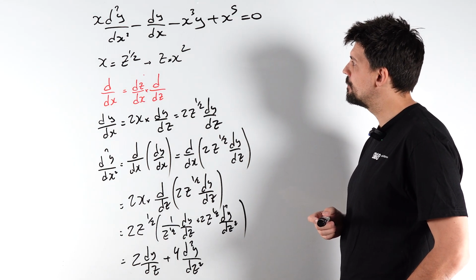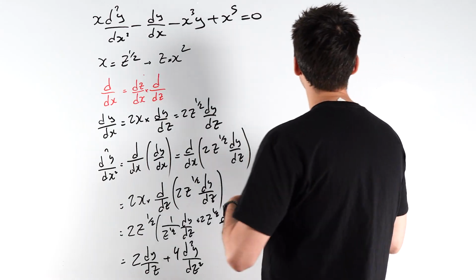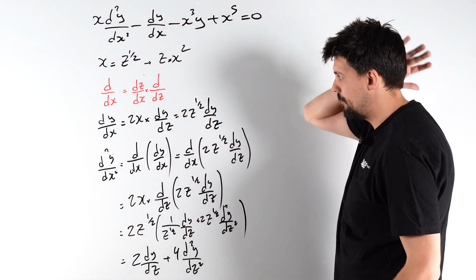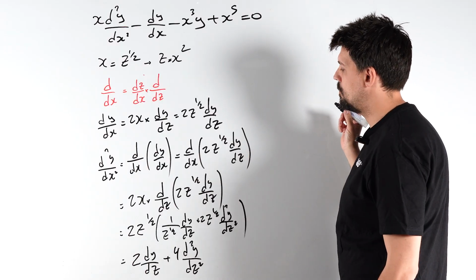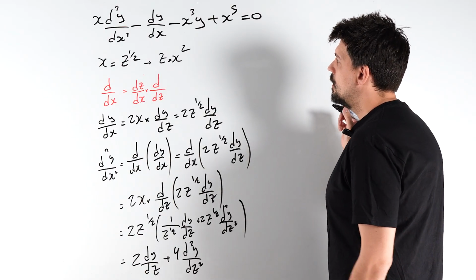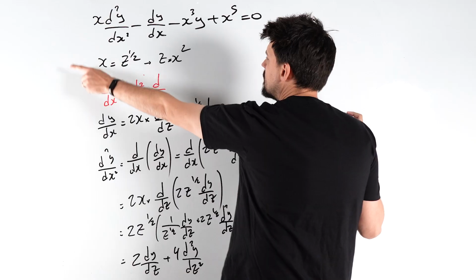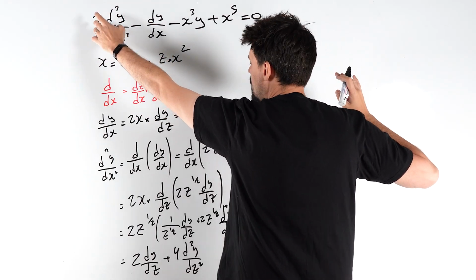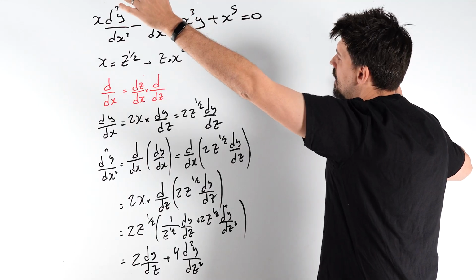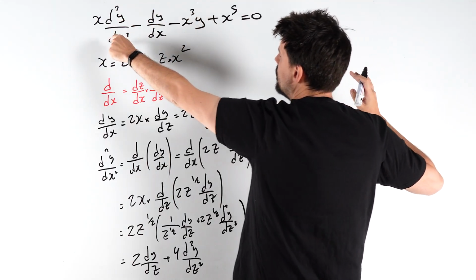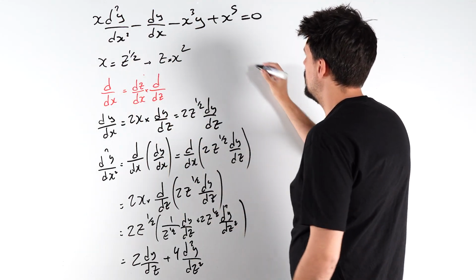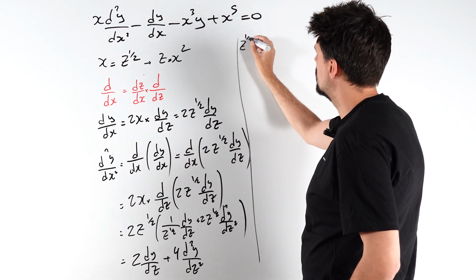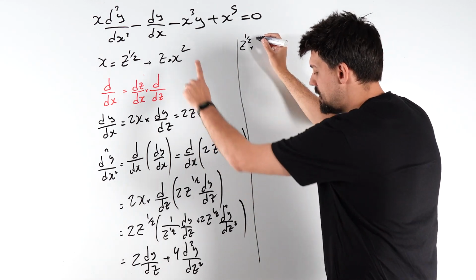That is a lot of stuff. Let's start substituting stuff in. Where do we go from here? We get x, which is z to the half, times d2y/dx squared.